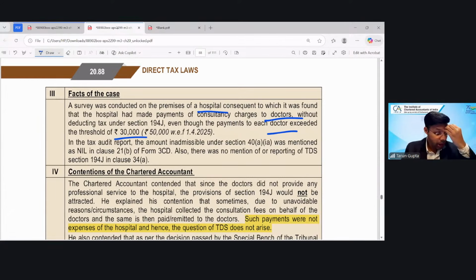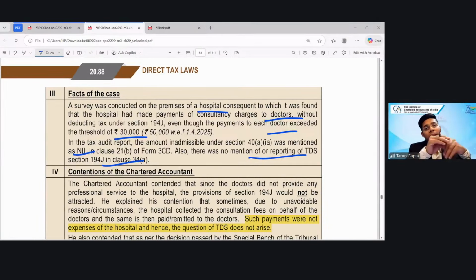In the tax audit report, the amount inadmissible under section 40A was mentioned as nil. So there was no disallowance on this account in the tax audit report. Also, there was no mention or reporting of TDS under section 194J in clause 34. Of course, since the tax was not deducted, there was no disallowance proposed in the tax audit report on this account, and this fact has not been stated.